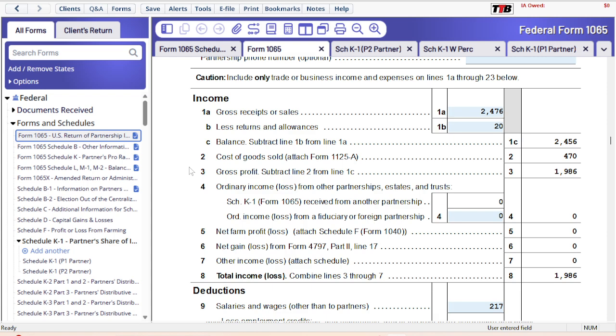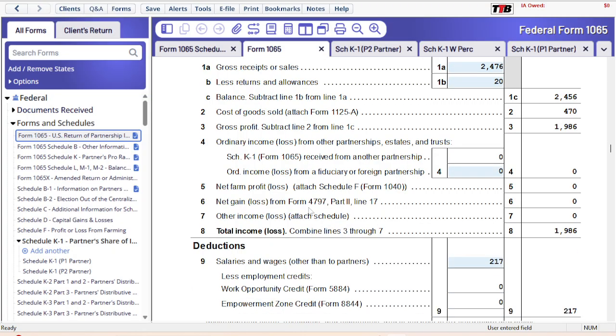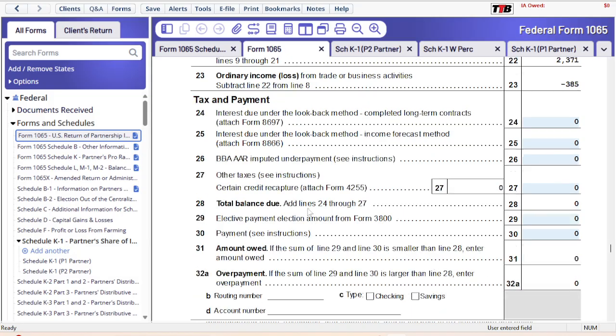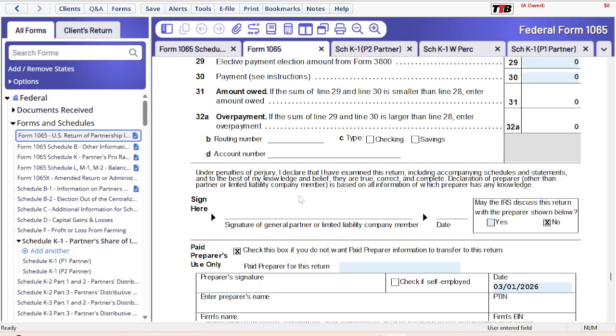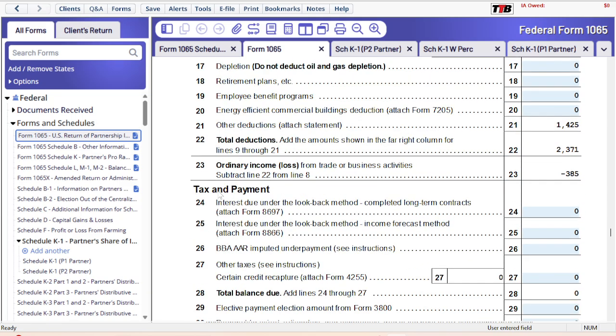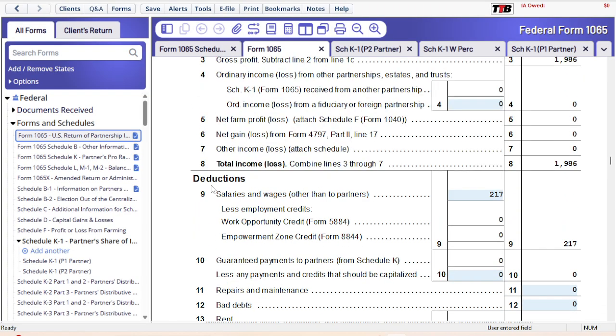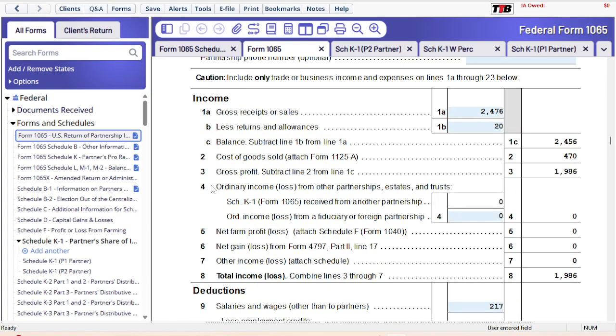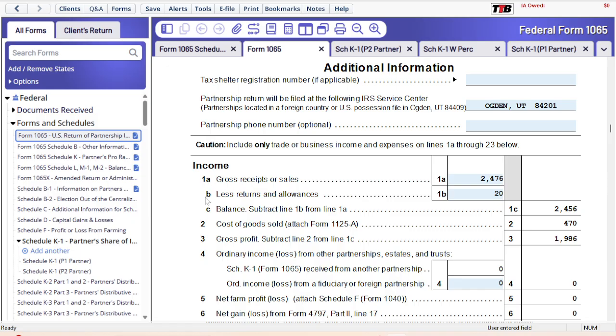With this 1065, active business activity will go on page 1 of 1065, income and expenses. But if your business is considered passive income, your income and expense will go on Schedule K, and 1065 will remain blank. But we are completing 1065 as an active business. I think when we get to Schedule K, I will explain myself again.